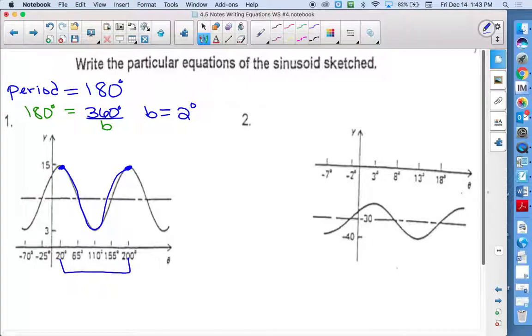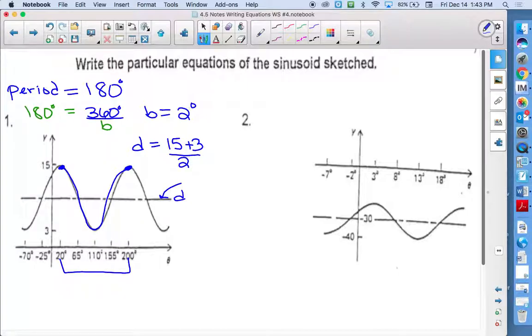So now we have b. What else can we find? What should you find next? Chelsea? D, yeah. So you need D in order to get A. So we want this value here. That's our D value. That's going to be the second thing we can try and think about finding. And D is equal to the max, which is 15, plus the min divided by 2.